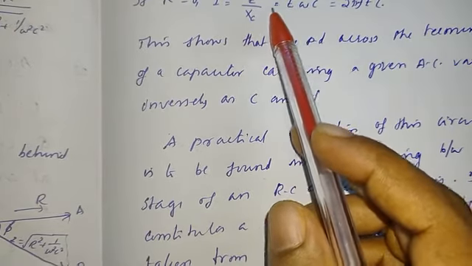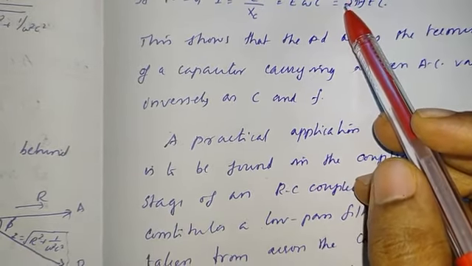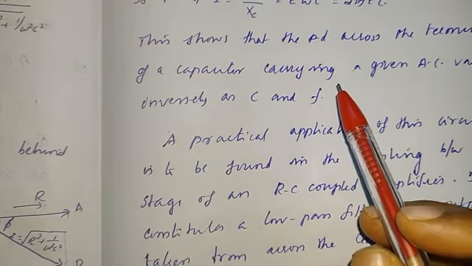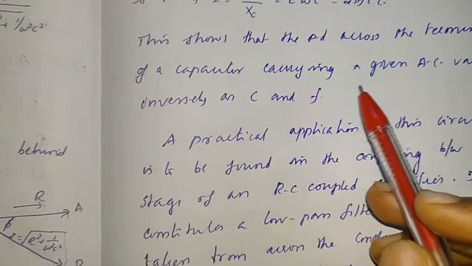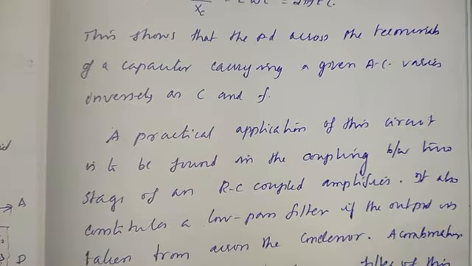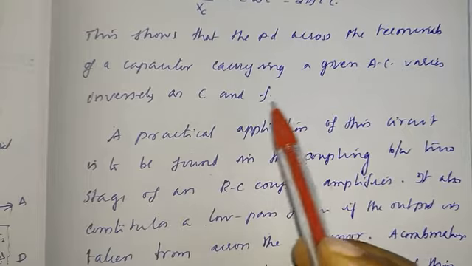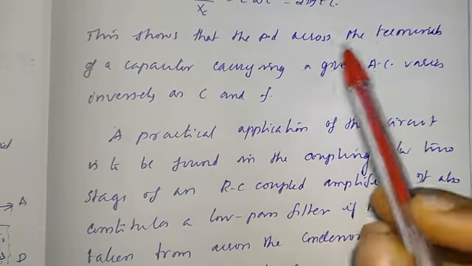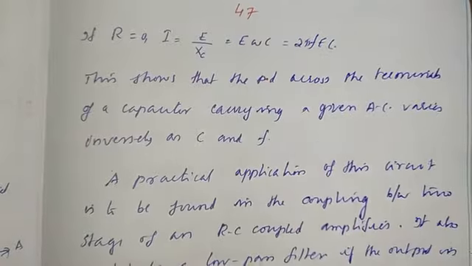Here Xc is 1 by omega C, so that I is equal to E into omega into C, that is, 2 pi f E C. This shows that the potential difference across the terminals of a capacitor carrying a given AC varies inversely as C and f. This is clear from this equation.